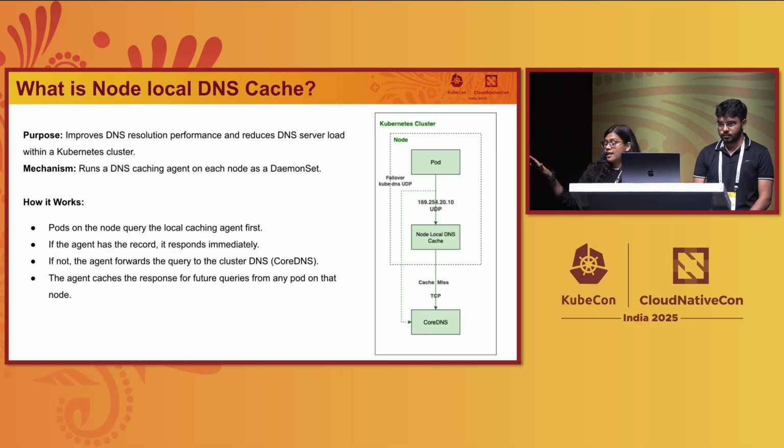Now, if this cache has the record, it would respond back immediately. And this is where we see the dramatic performance improvements. But if this cache doesn't have the record, it would then forward the request to CoreDNS. You can follow in the diagram it as a cache miss. And eventually, we see that all the requests are processed.